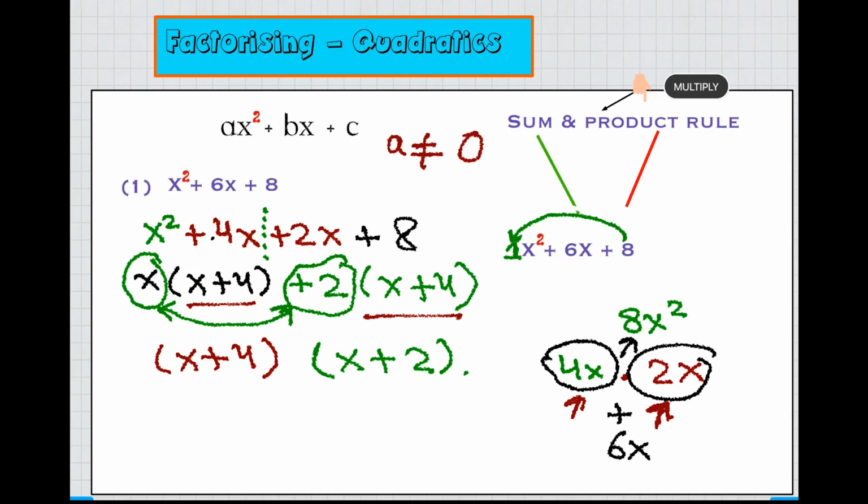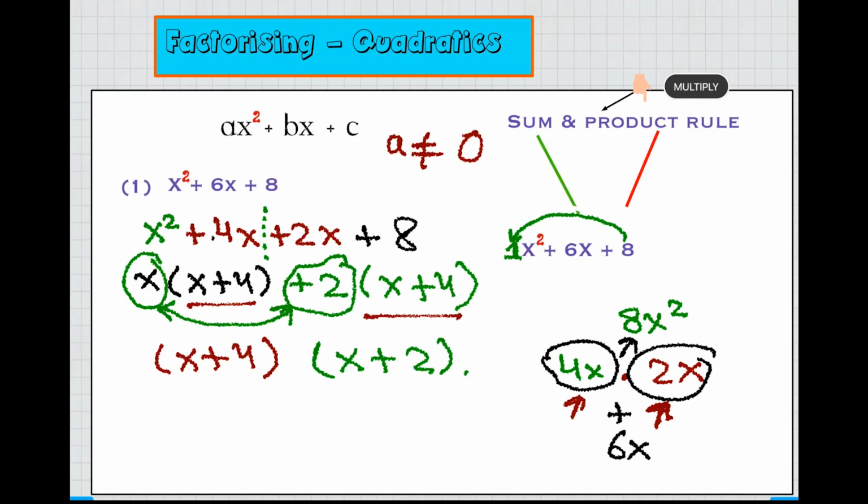Third step is draw the dotted line here. Factorize these two expressions separately, and then you need to look for x plus 4 common. These two terms should be common, otherwise you must have made a mistake in your previous steps.